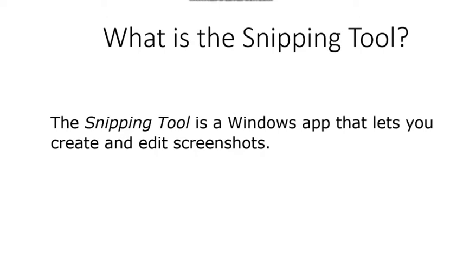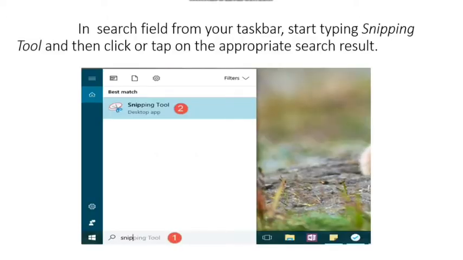There are many ways to open the snipping tool. Maybe the fastest way to launch it is to use search box. In search field from your taskbar, start typing snipping tool and then click or tap on the snipping tool in the result.